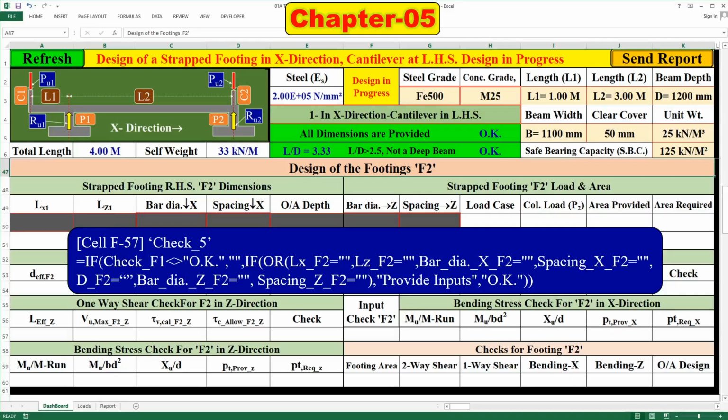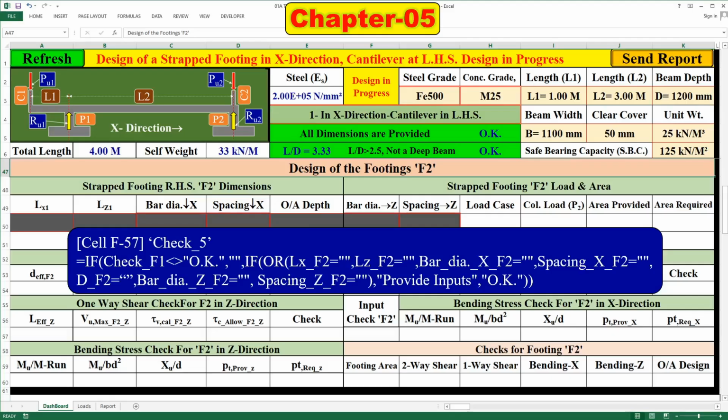Diameter of the bars in the X direction, bar_dia_X_F2. Spacing of the bars in the X direction, spacing_X_F2. Overall depth of the footing, D_F2.